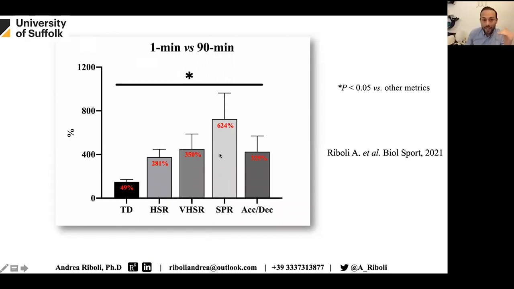So at least 4 times higher or 6 times higher for sprint and high speed running distances in 1 minute than the 90-minute average. And so we need to take into account this aspect because, as we know, very high intensity running and sprint are metrics very related with performance development, but also injury prevention.